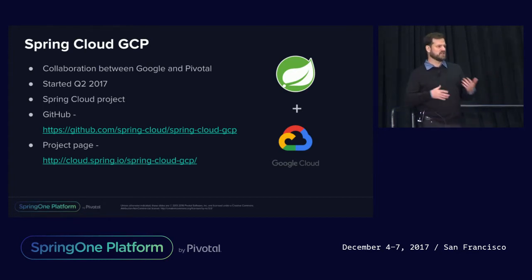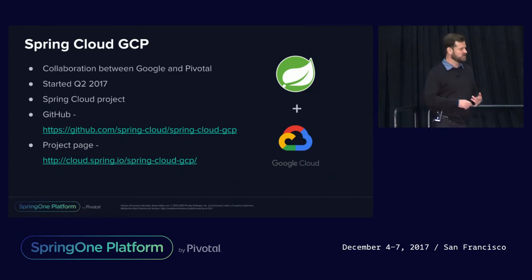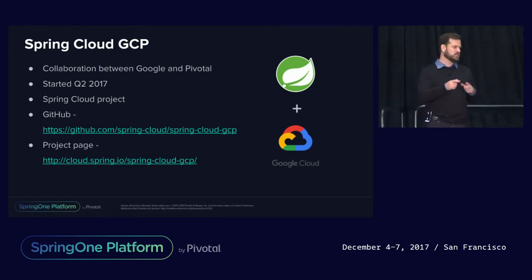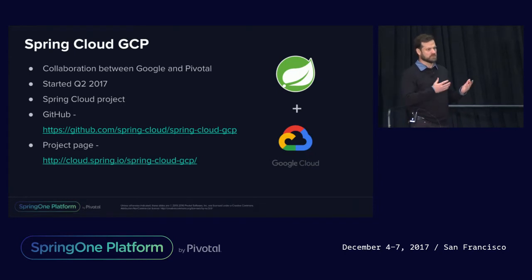And we know the Spring idioms best, and so we can review from that perspective when it comes to things like naming, which is always the most important thing, right? So naming and where the camel case goes, and all the way down to details like how a boot starter should be ordered and things like that. So we've been playing that role, and it's been a really successful collaboration.